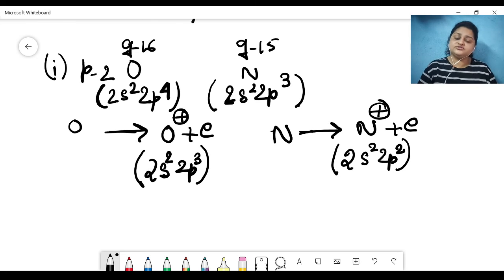Whereas nitrogen was in the half-filled stability in the ground state, in the neutral state. By doing the first ionization, nitrogen is losing its extra half-filled stability. That's why nitrogen tries to prevent the first ionization, whereas oxygen facilitates the first ionization, making the entire process easier.